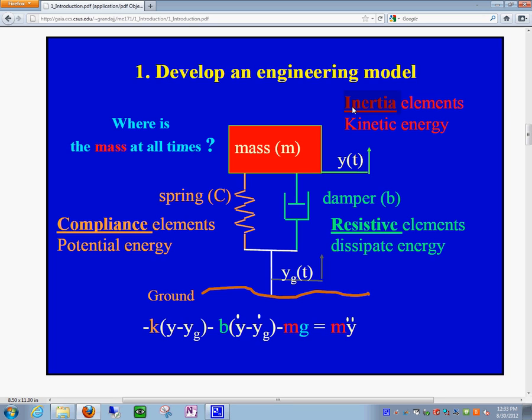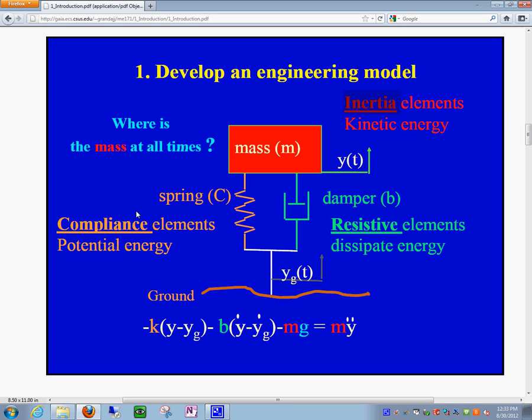Okay? Isn't it true that the spring does a very specific function in here? We are going to call it a C element, and I put it in for compliance element.